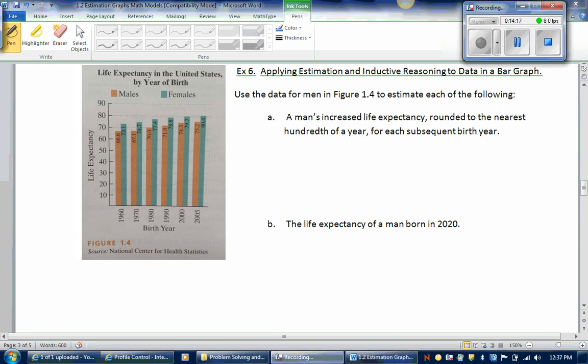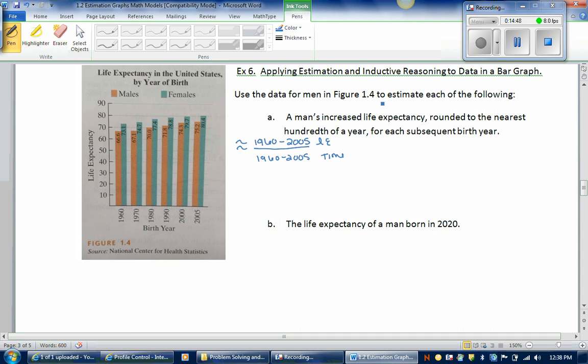So the yearly increase in life expectancy is about, there's my approximate sign, the change in life expectancy from 1960 to 2005, over the change in time.